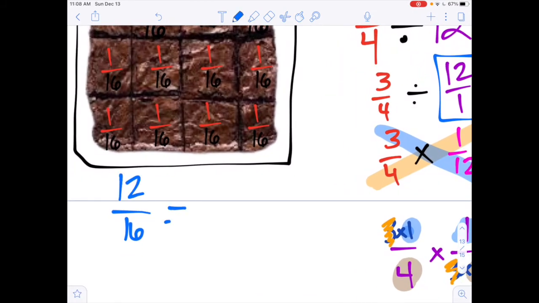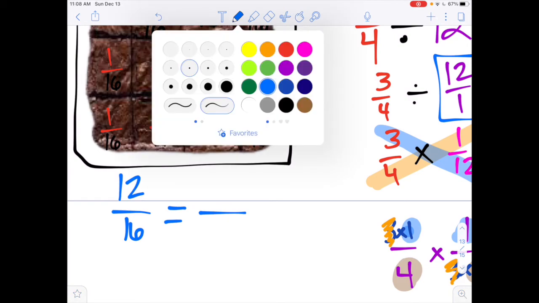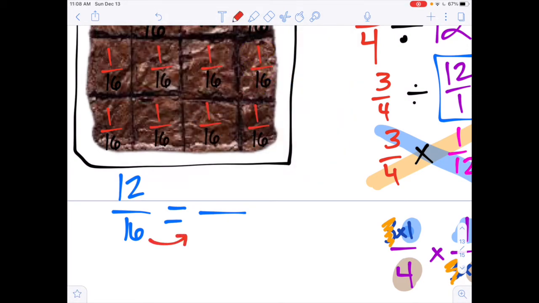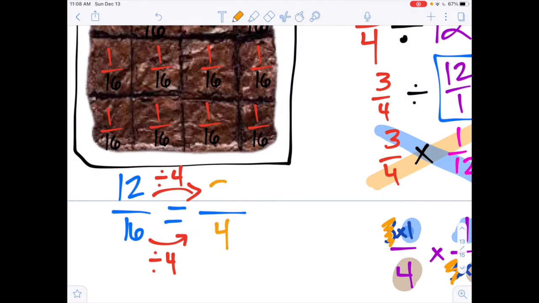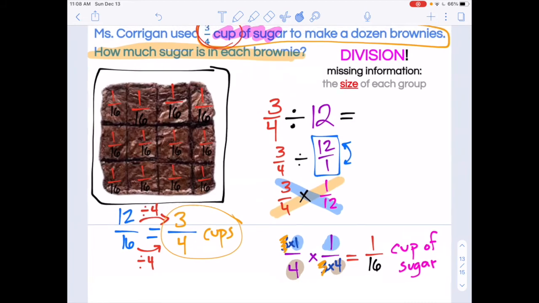And then if I simplify this fraction, look at what I get. I can divide 16 by 4 and get 4. And I can divide 12 by 4. 16 divided by 4 is 4. 12 divided by 4 is 3. That's how much sugar she used in all of them together. So all of those 1/16 really do add up to 3/4 cup.